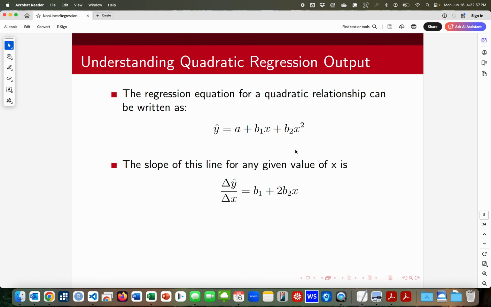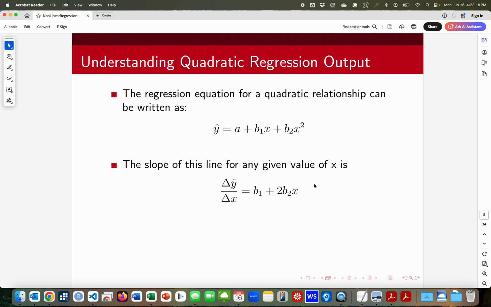And in this case, the slope of the line is going to be the coefficient on your x term plus 2 times the coefficient on this x squared variable, so 2b2, and then you multiply that by the value of x. And that is just the first derivative of the estimated regression equation.